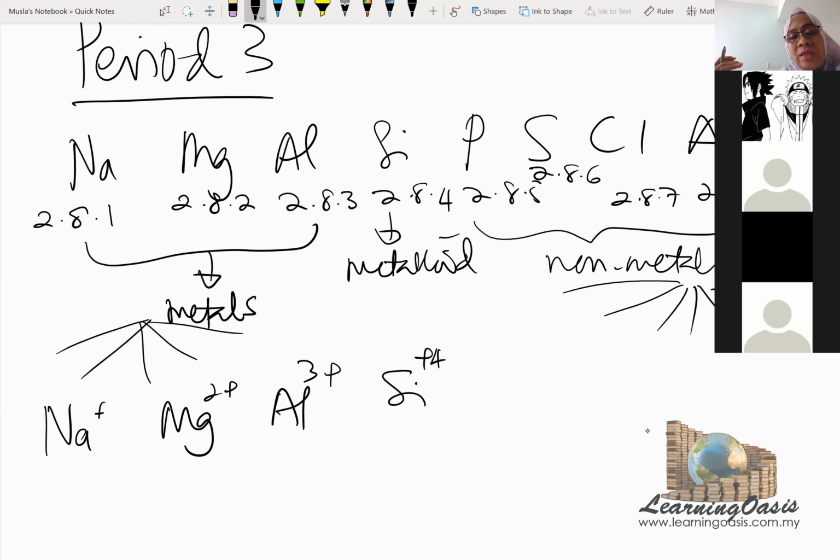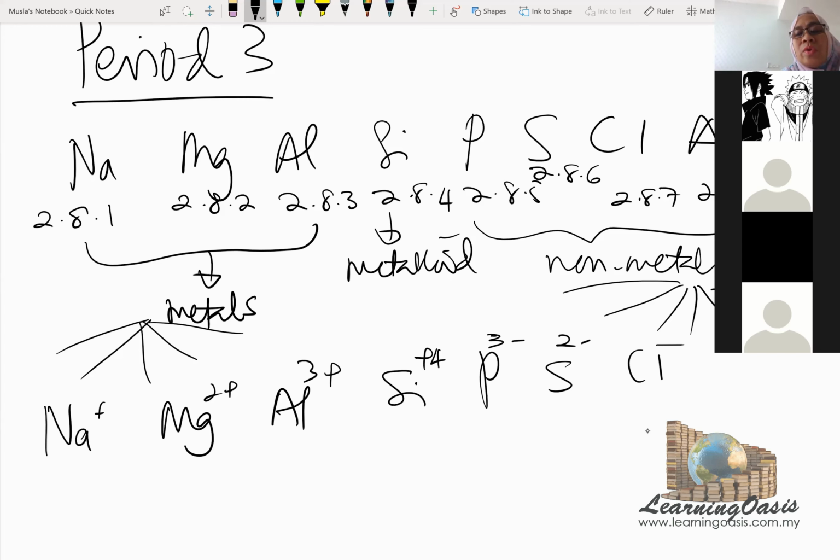It gains 3, so minus 3. So P 3 minus. Right, sulfur, Atika. 2 minus. Chlorine, minus 1. Argon?